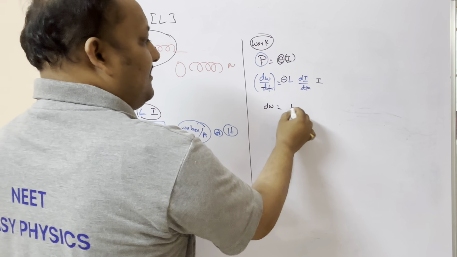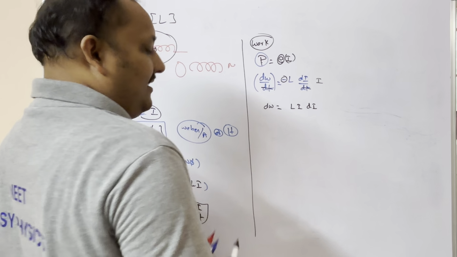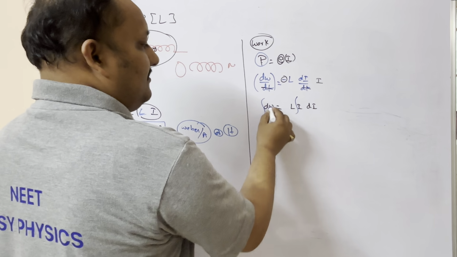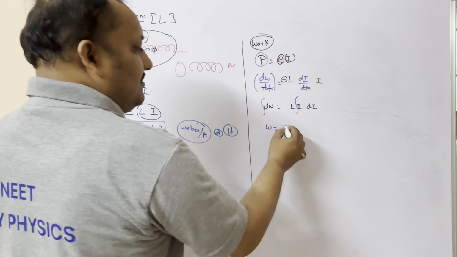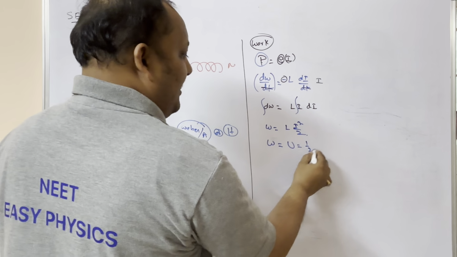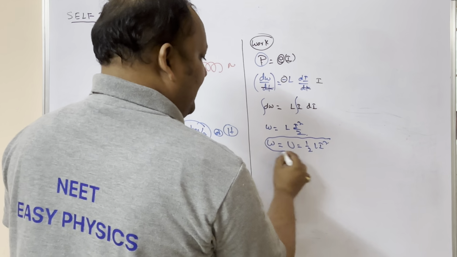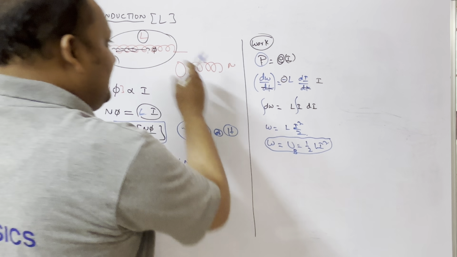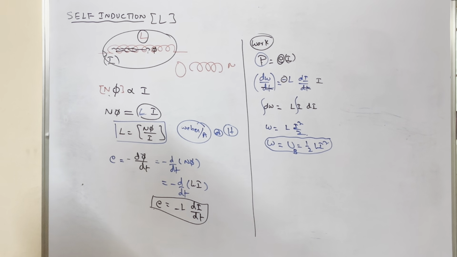So dW is equal to Li di. If you do integration on both sides, W is equal to L I square by 2. So this half L I square is the magnetic energy stored in the coil.